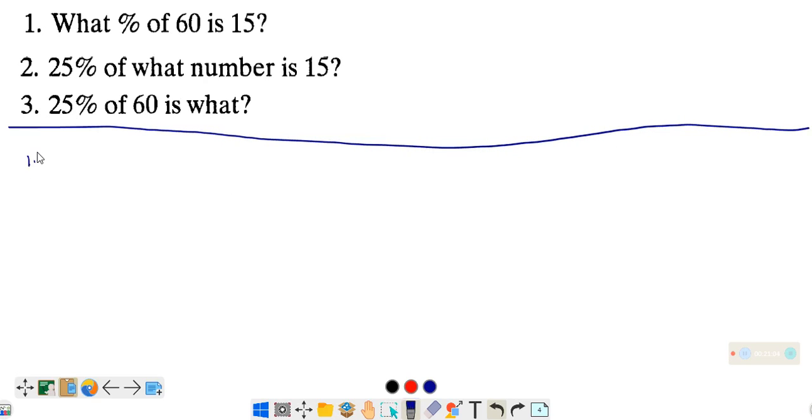Okay, so tapos na ako mag-paste. Analyze natin yung 1, 2, and 3. So, isulat natin sila using variables.